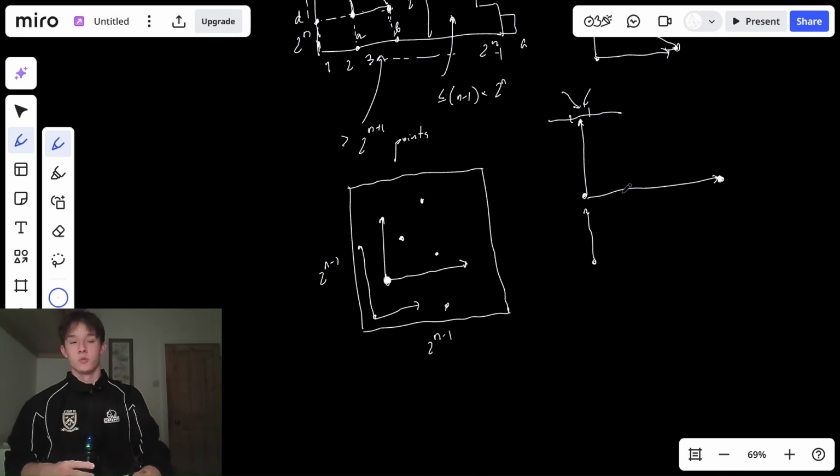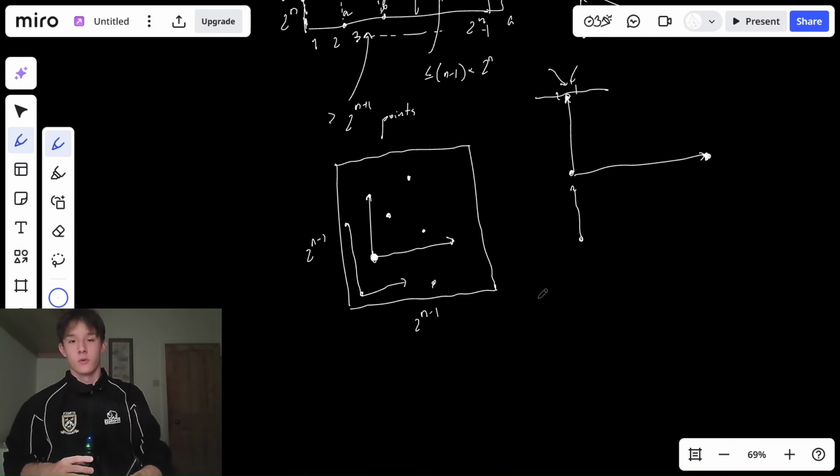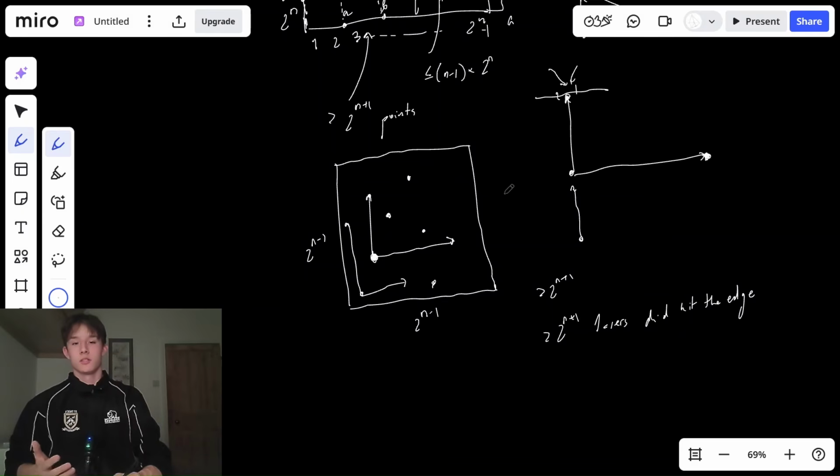And we know that at least one of the lasers from every single point hits the board, because if none of them do, then we're done. We're finished with the problem. So if we have greater than 2 to the power of n plus 1 coins, then we know that there's greater than 2 to the power of n plus 1 lasers that did hit the edge of the board, because essentially there's at least one from every single turret.